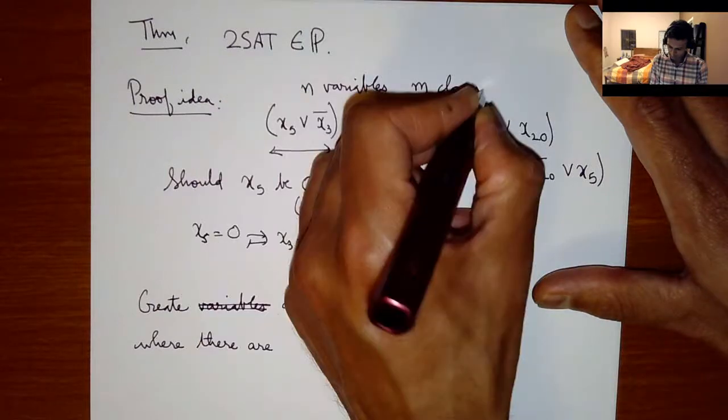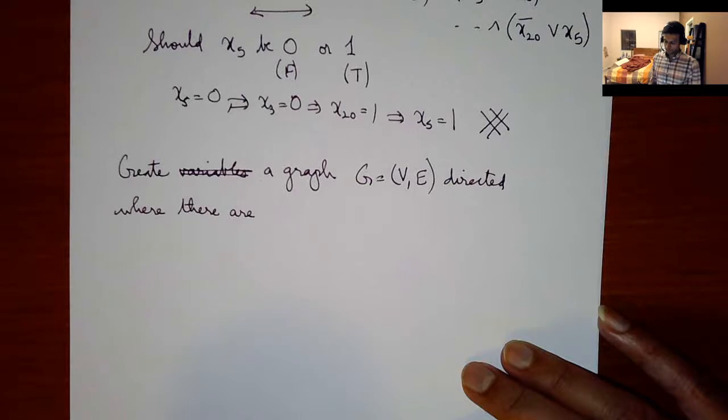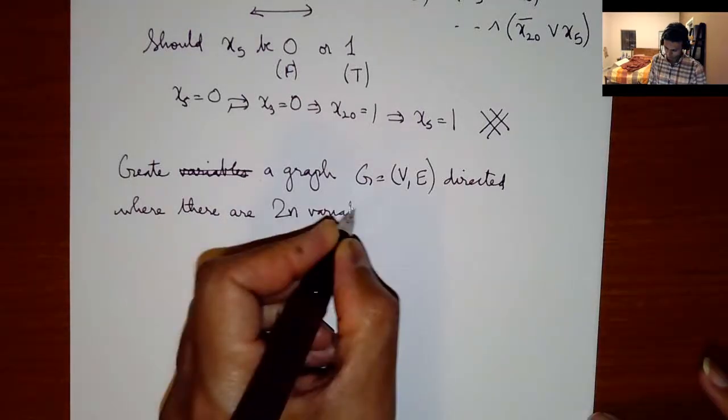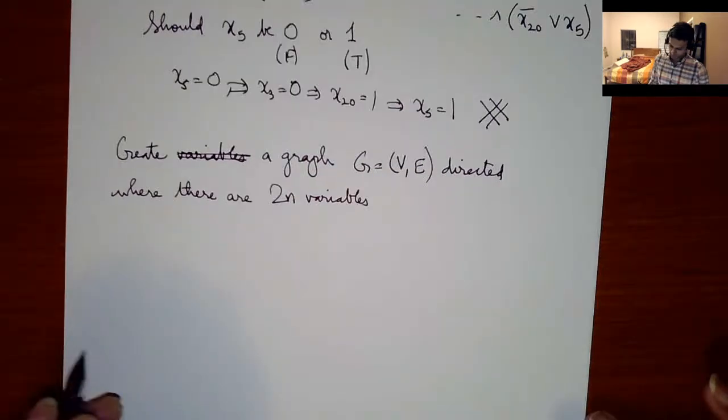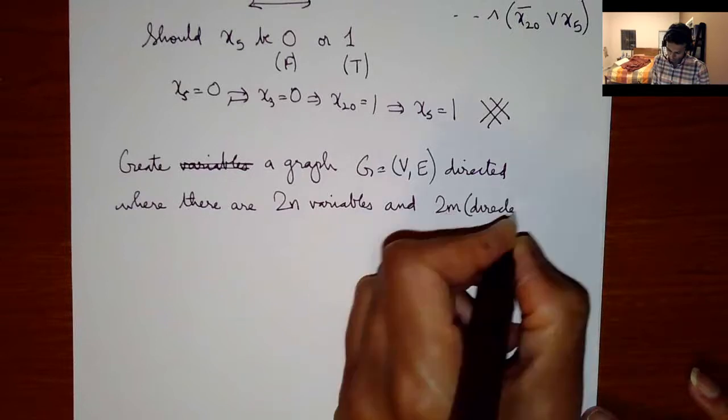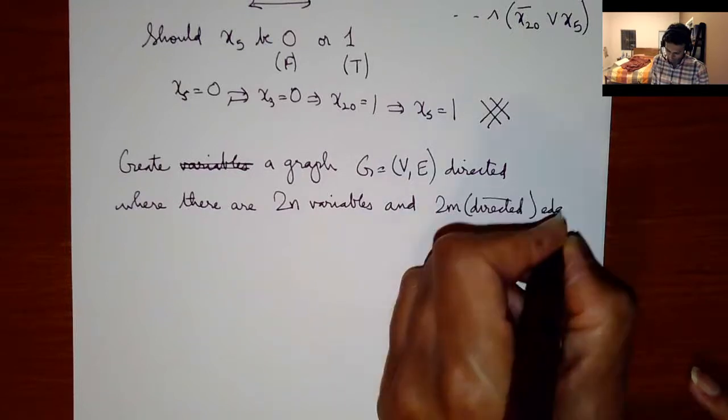Okay, so I'm going to create a graph where there are 2n variables, and 2m directed edges.